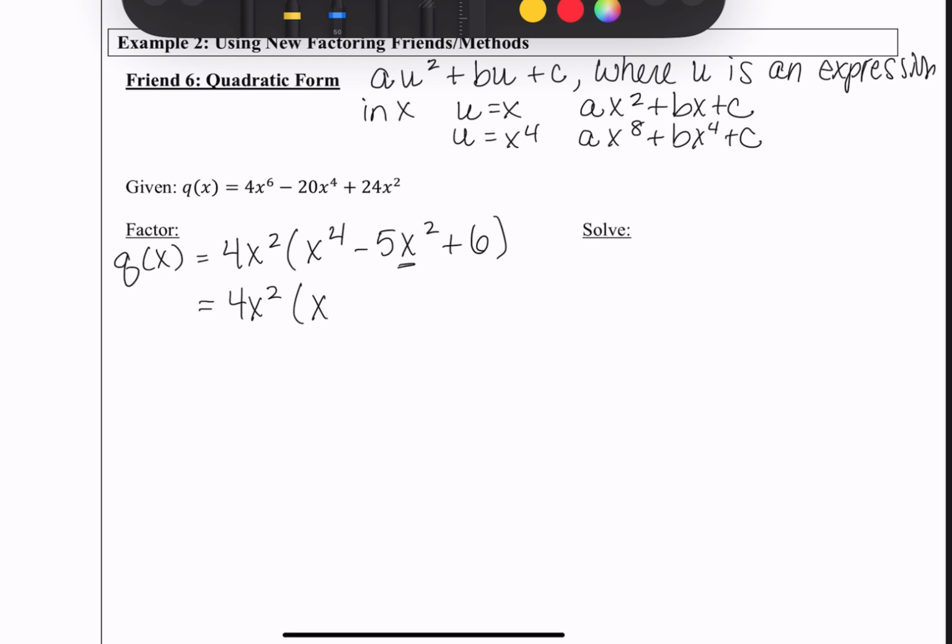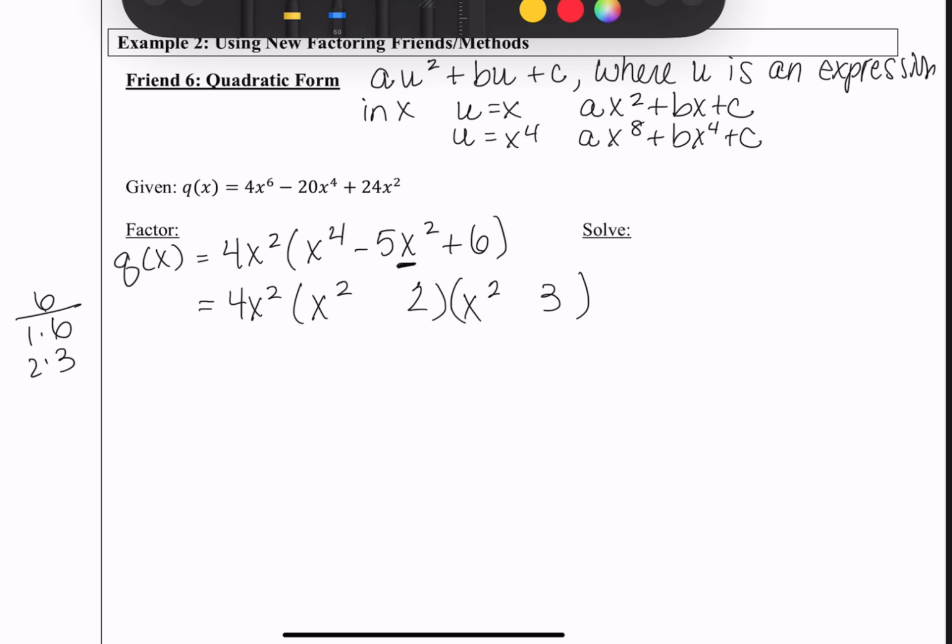My first terms have to multiply to give me x to the 4th, so I know that they both need to be x squared, especially because when I multiply inners and outers, I better get an x squared. Now, factors of 6, I have a couple of options. I can use 1 and 6 or 2 and 3. This is complicated, but I think I'm going to go with 2 and 3. Let's see if I'm right.